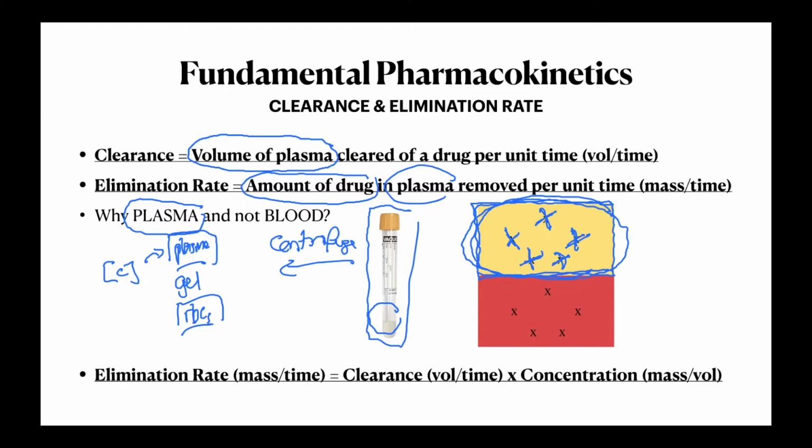However, if you do hear someone using blood, it is completely acceptable, because the ratio of the drug concentrations between plasma and red blood cells for most drugs is approximately 1. Now, the only caveat are drugs which are highly concentrated in red blood cells. The example that's often given is cyclosporin.